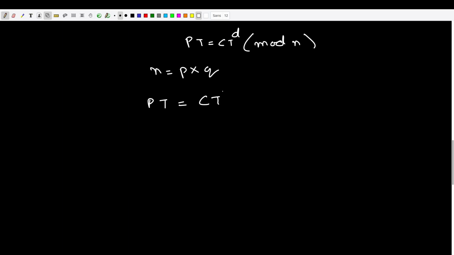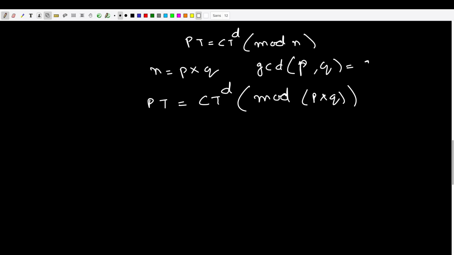So we know that in order to get plain text, we have to perform ciphertext to the power D mod n, right? And n is P into Q. So plain text equals ciphertext to the power D modulo P into Q. And we also know that P and Q are prime numbers, so the GCD of P and Q is 1.